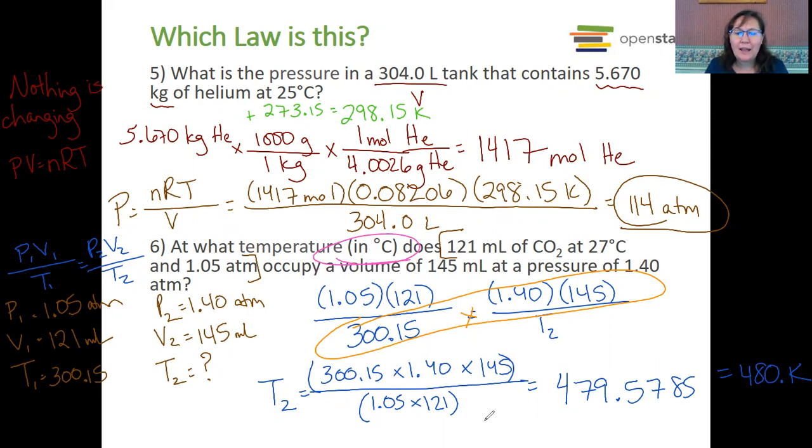What you have to do in that case is you have to say, okay, well, my degrees Celsius is equal to 480 minus, it would be minus 273.15, but we don't have any decimal points in this answer, so it just becomes minus 273. And we get 207 degrees Celsius.